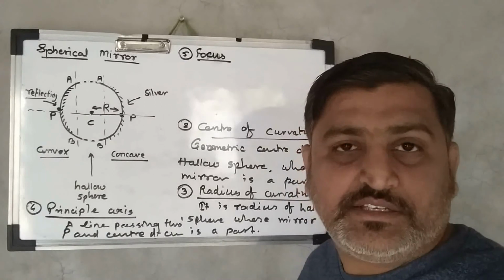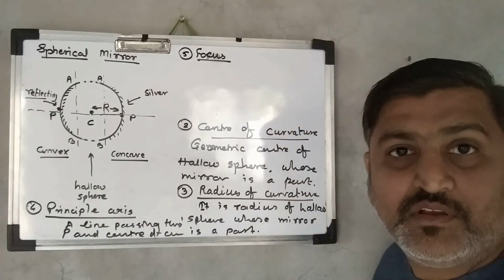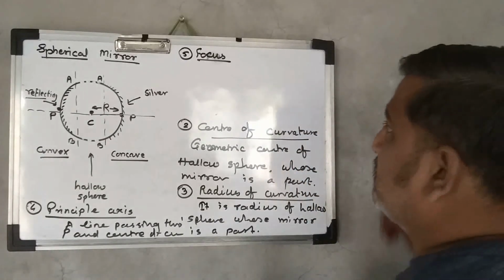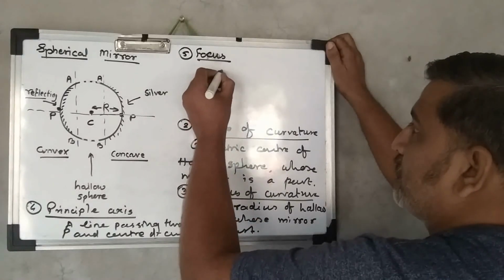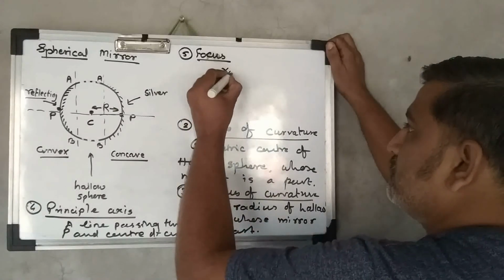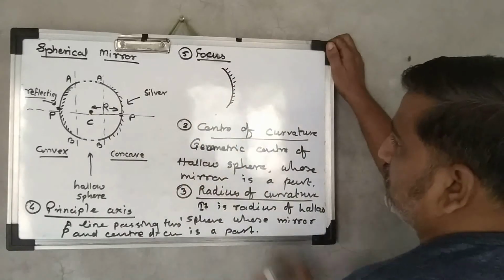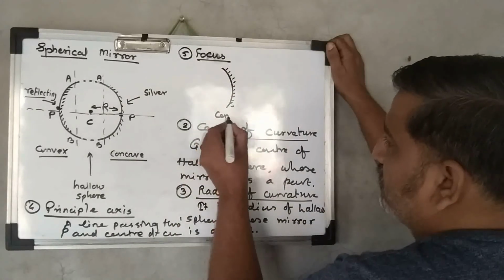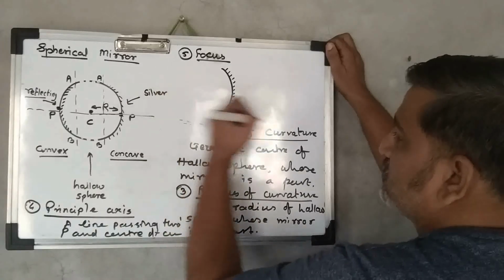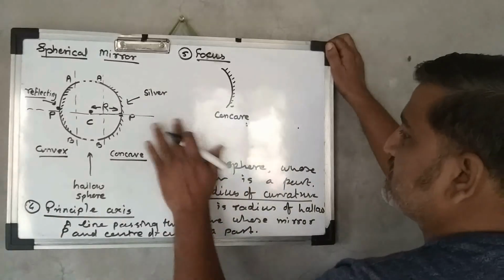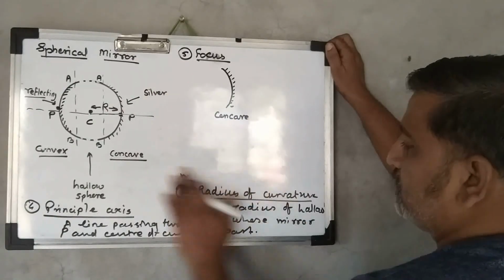Let's see this more explanatively using a diagram. If I draw a diagram of a concave mirror, this is concave because it is reflecting inside and silvered outside.